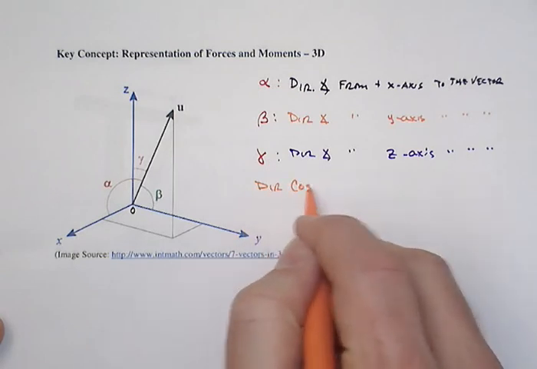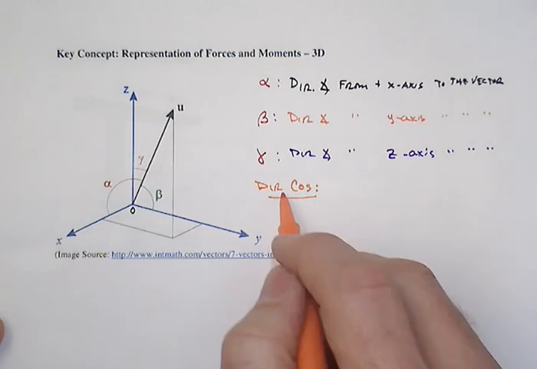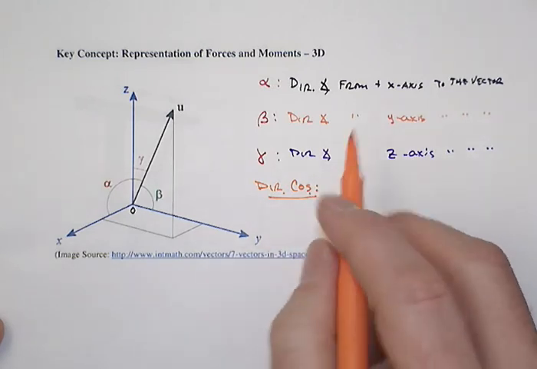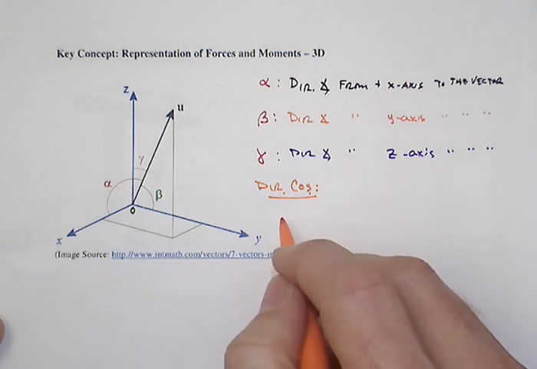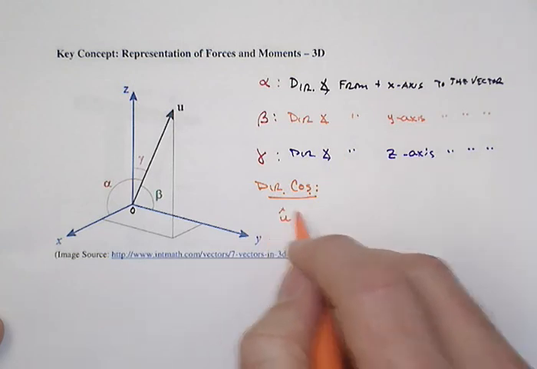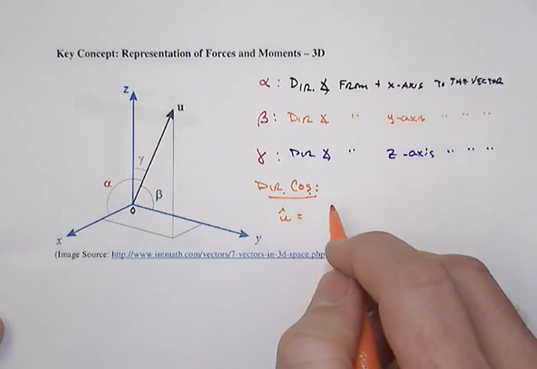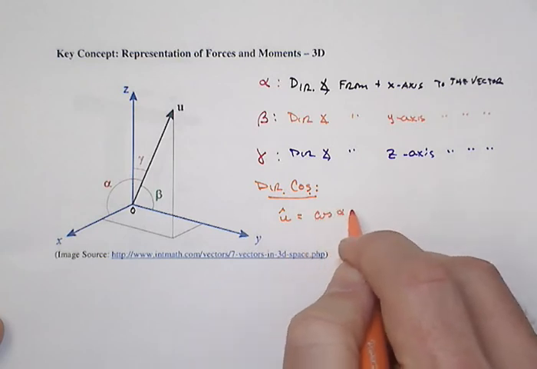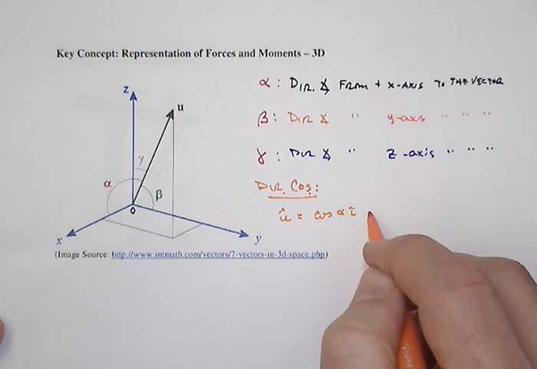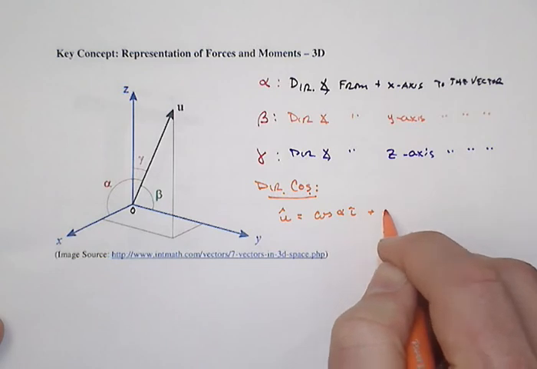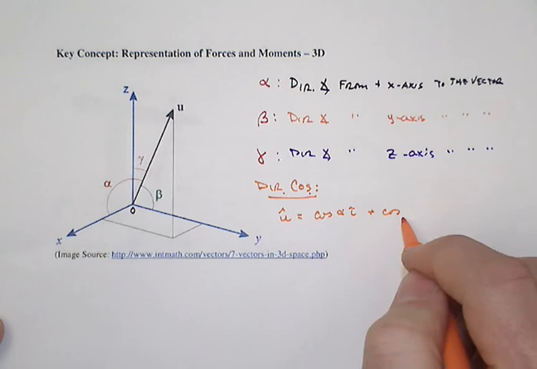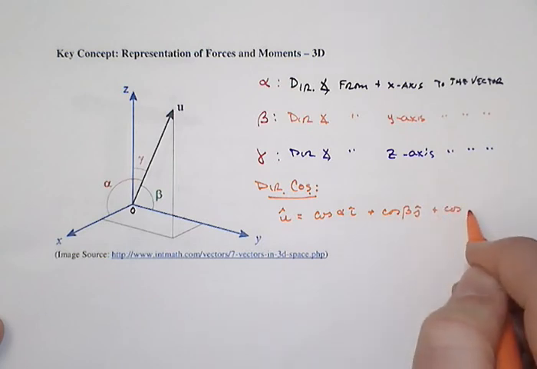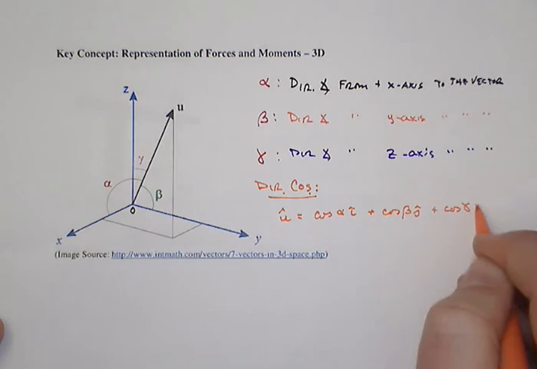We can handle what is positive and negative in the following way: this vector u can be thought of as cosine of alpha times unit vector i, plus cosine beta unit vector j, plus cosine gamma unit vector k.